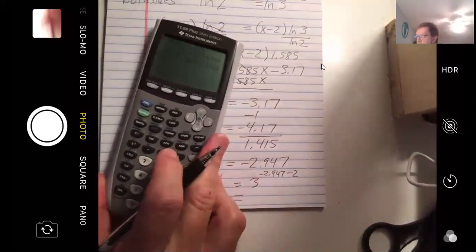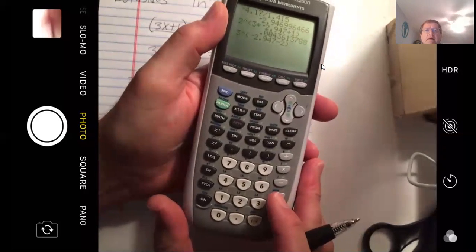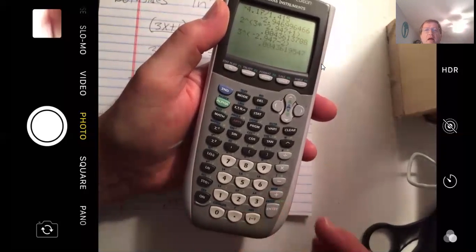On the other side, 3 raised to negative 2.947, subtract 2. Enter.